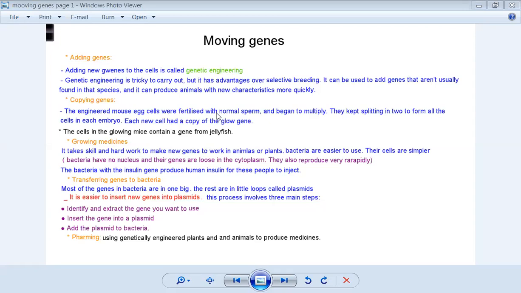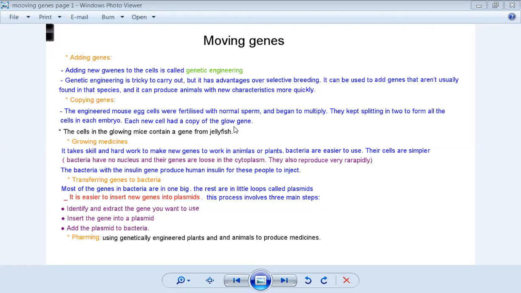We all know that during reproduction, the nucleus should copy itself before dividing. So how can this happen, or how can the genes be copied? The engineered mouse egg cell was fertilized with normal sperm.